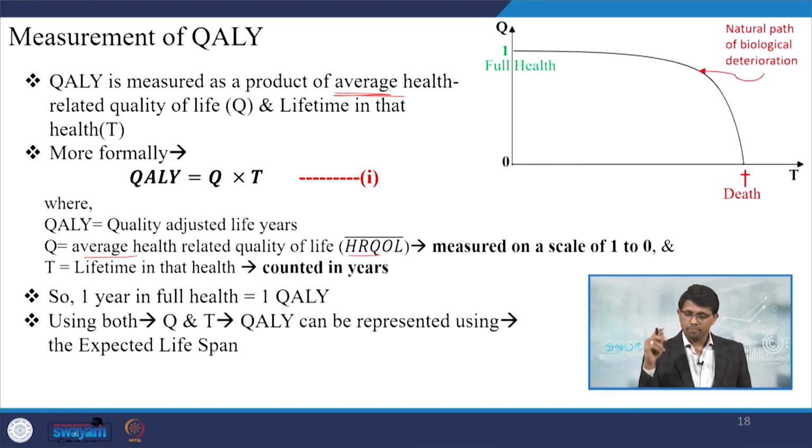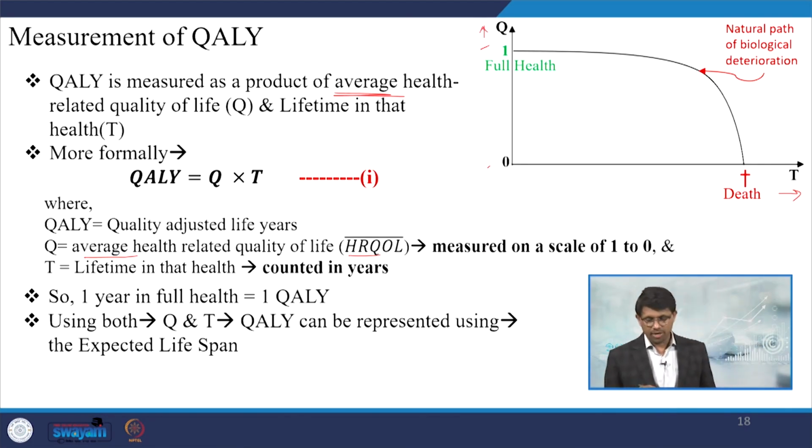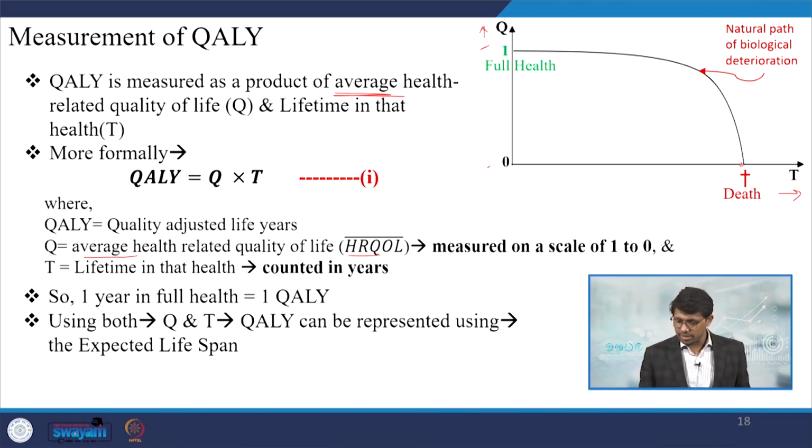You can see that Q ranges from 0 to 1 and is on the vertical axis, while T is on the horizontal axis, and this is where we mention the expected lifespan, which ends with the time of death.